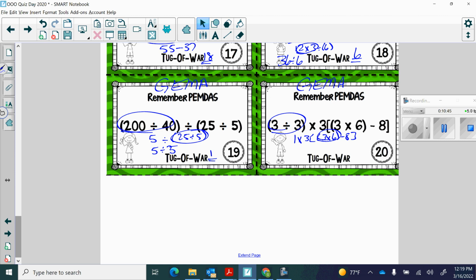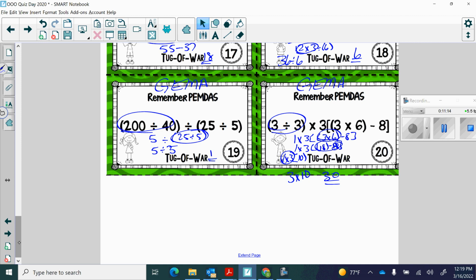Still have a grouping within my grouping. 1 times 3, bracket, 18 minus 8. So 18 minus 8, we're down to just one set inside of the bracket. 1 times 3 times 10. Now it's just multiplication, so left to right. 1 times 3 gives us 3 times 10, which is 30.